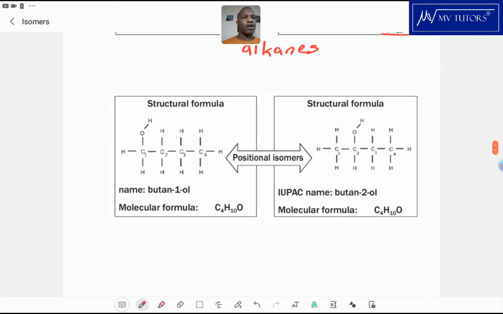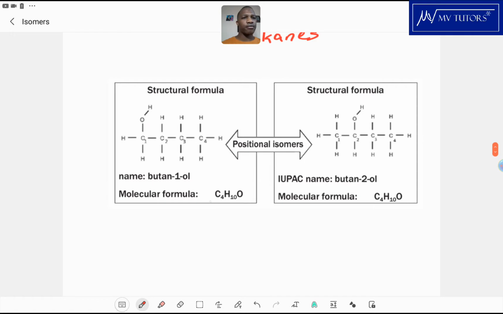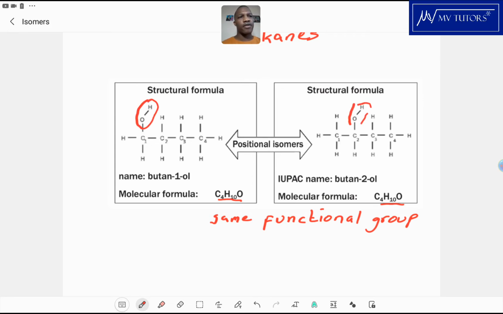And then positional isomer, they both have the same molecular formula, as you can see there. And then they have the same functional group. The functional group here is they both have an OH, as you can see over there, and as well as over there.